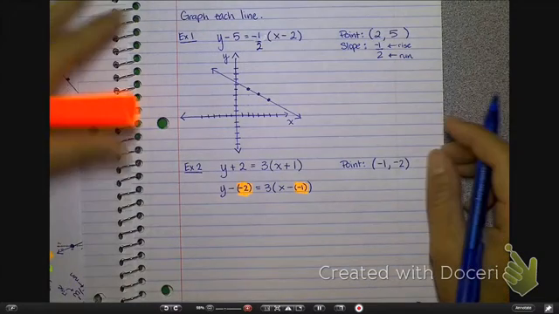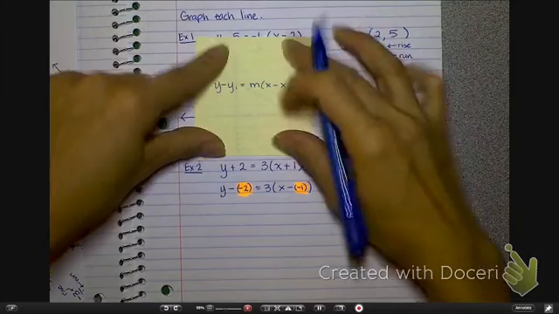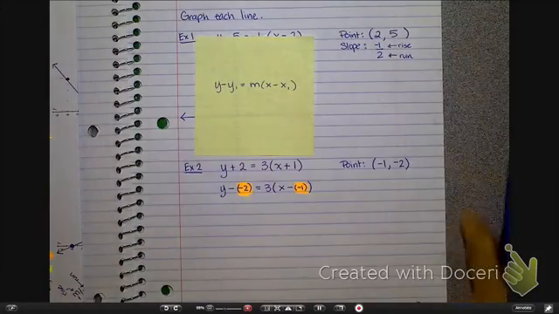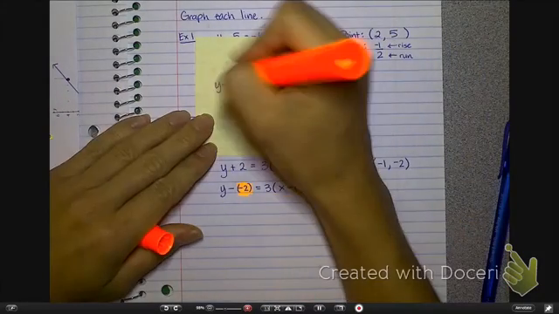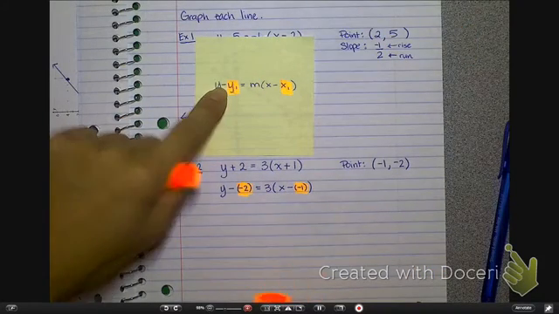When I look at the original, remember, the original was y minus y1 equals m times x minus x1. This is the original, right? The numbers that I'm using for my point are these numbers. But I'm not using that negative sign there, right?